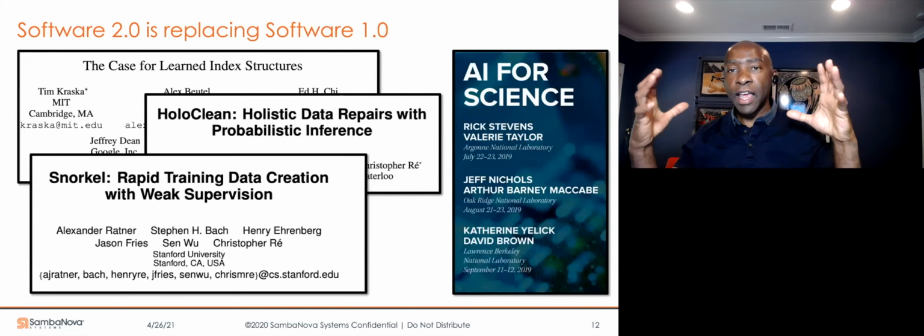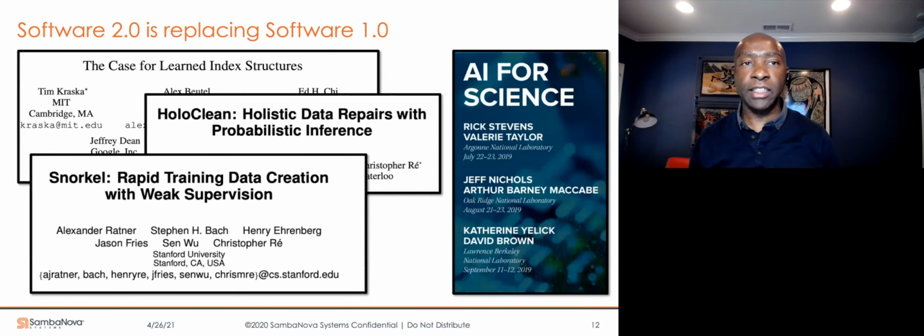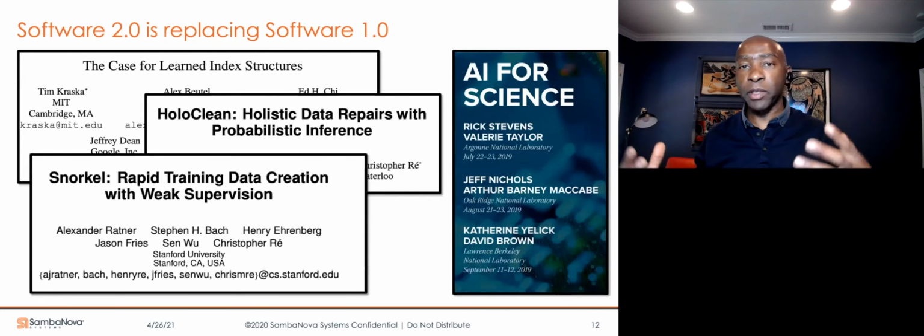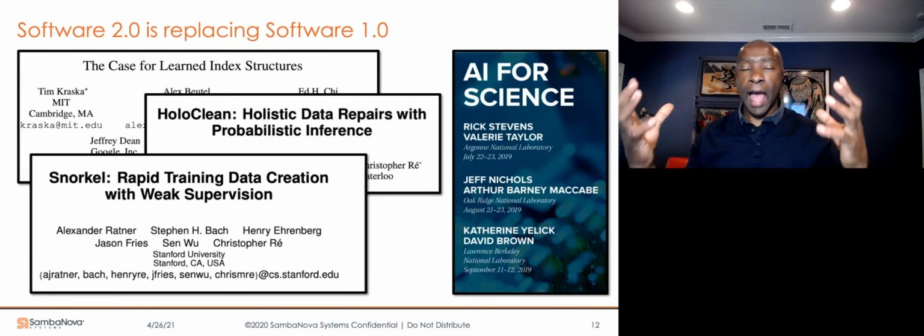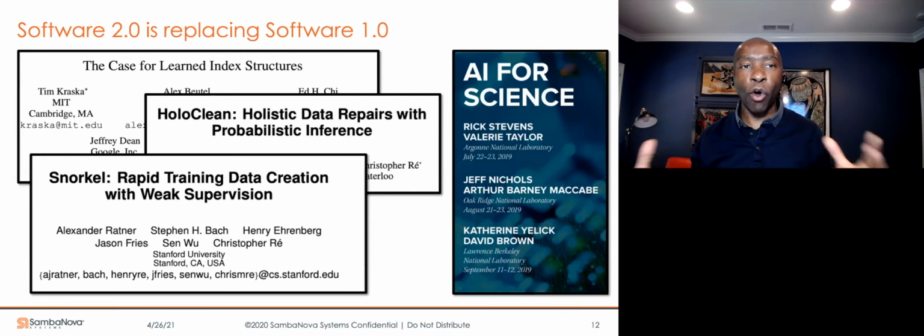And of course, if you look at the AI for science realm, there are lots of people developing surrogate models to improve the performance of simulation and engineering models, right? And so the use of AI and machine learning is transforming the way that we do scientific and business sorts of computations.